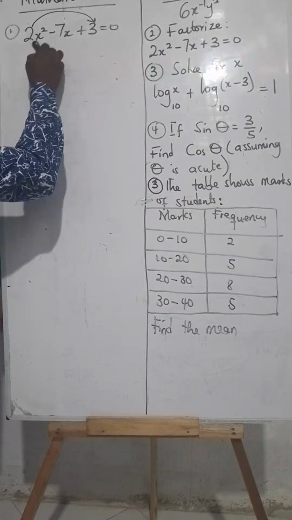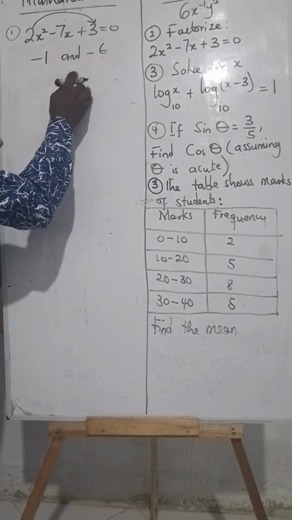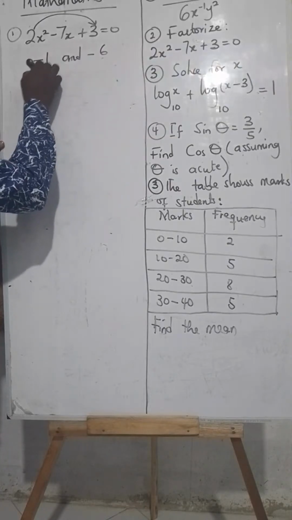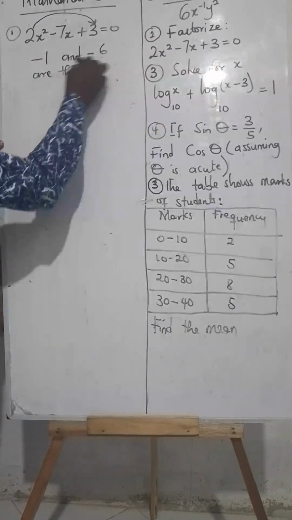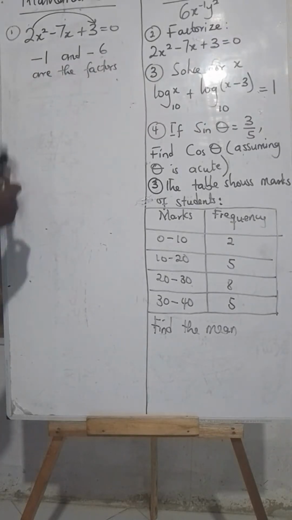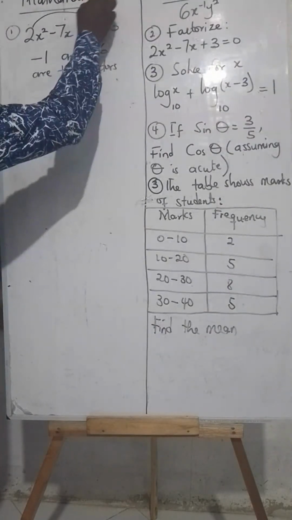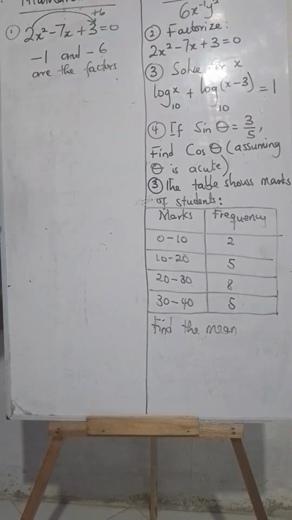So minus 1 and minus 6 are going to be our factors, because negative 1 times negative 6, that will give you positive what? 6. That will give us positive 6, and negative 1 plus negative 6, that will give us negative 7, which is the b term here.